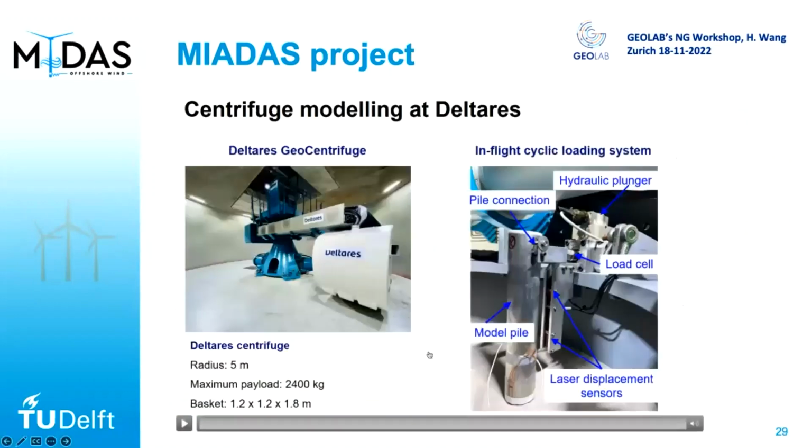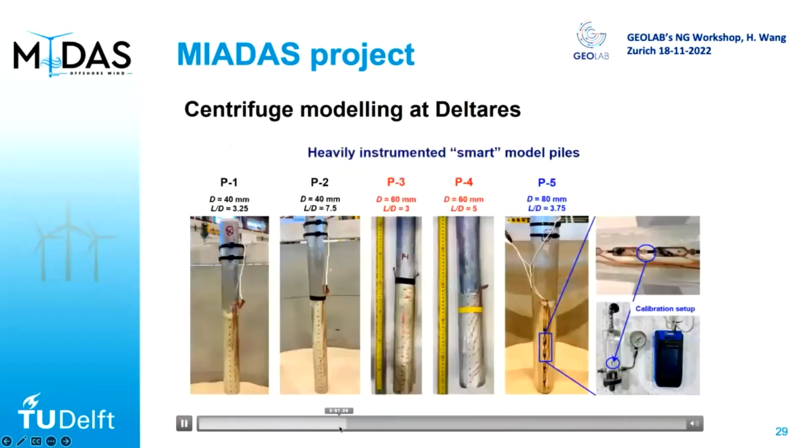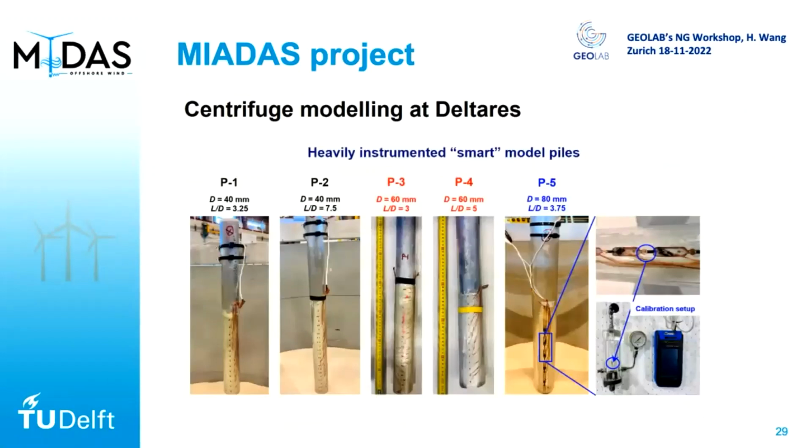Ah, okay, here. Yes, that's it. So, have you facilitated an interface? I suppose the monopile material is aluminum, right? Have you taken into account an interface for the monopiles?